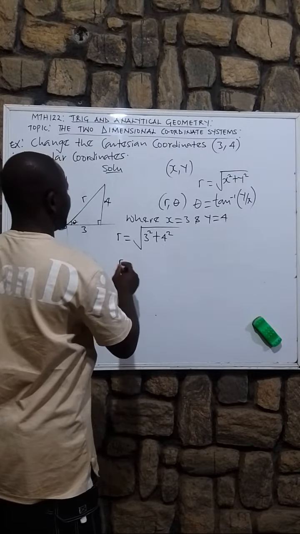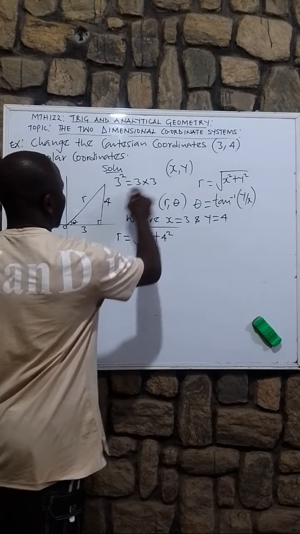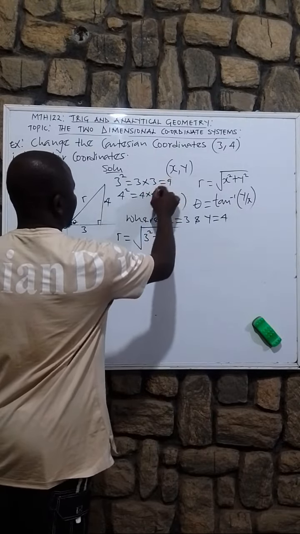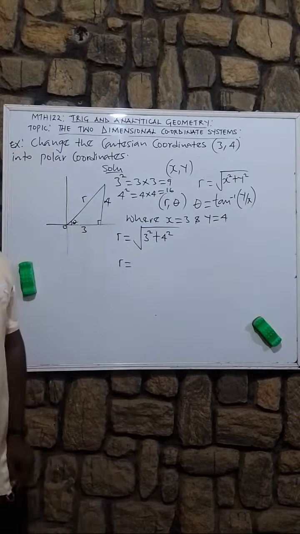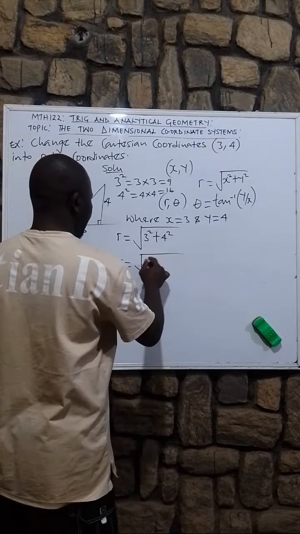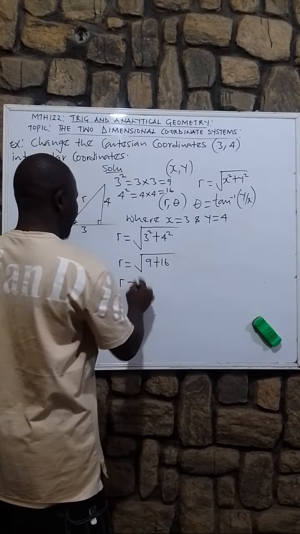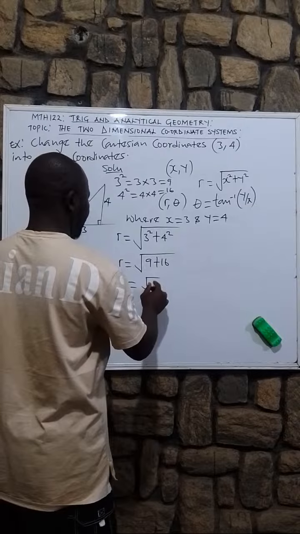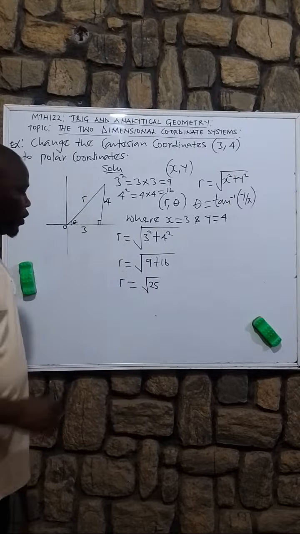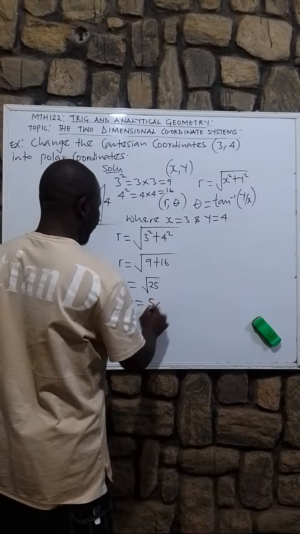Note that 3 squared is 3 times 3, which is 9, and 4 squared is 4 times 4, which is 16. True or false? It's true, right? So r is the square root of 9 plus 16, which is 25. And 25 is a perfect square, so the square root of 25 is 5.